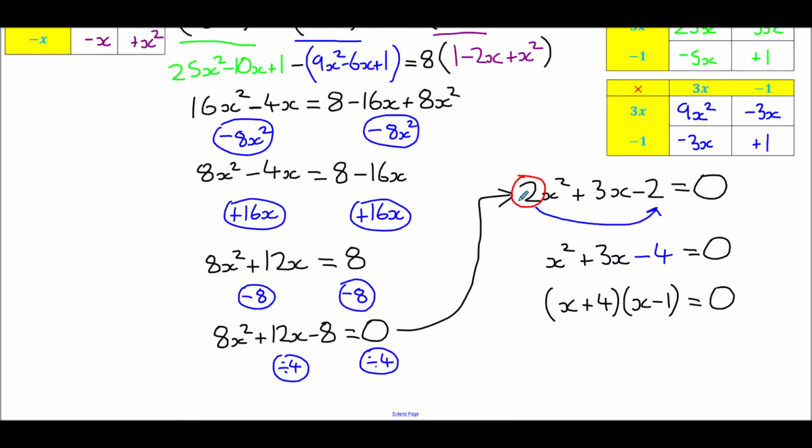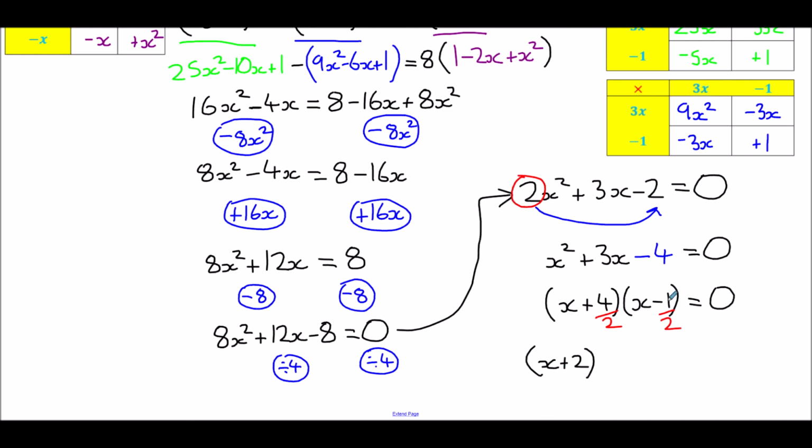However, of course, that 2 we forgot about comes back now. We divide, if we can, each of these numbers in the brackets by this number we forgot about for a moment. So this 2 we put underneath the 4, and we put it underneath the 1. Now, if we can divide, we just do. 4 divided by 2, we can, so that becomes x plus 2.